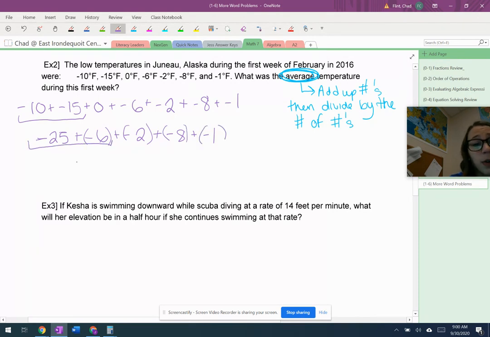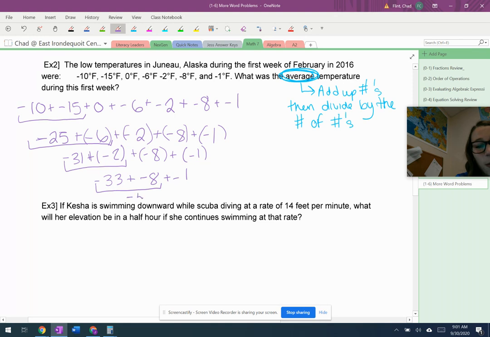So now -25 plus -6 more is -31, plus -2 plus -8 plus -1. Okay, -31 plus -2 more is -33, plus -8 plus -1. -33 plus -8 is an even more -41.